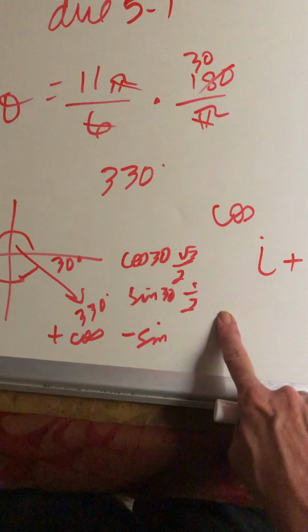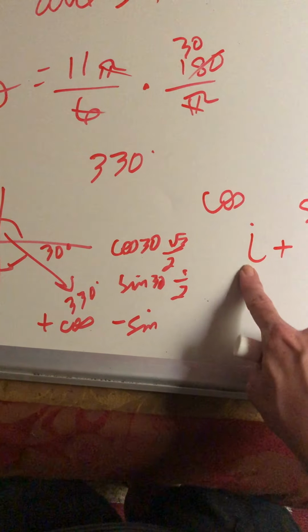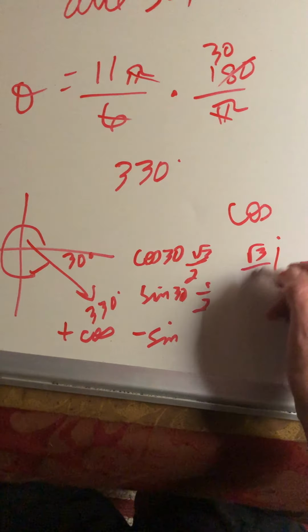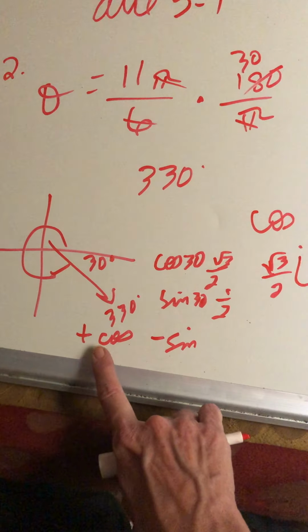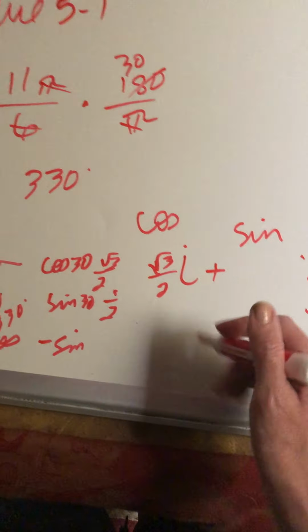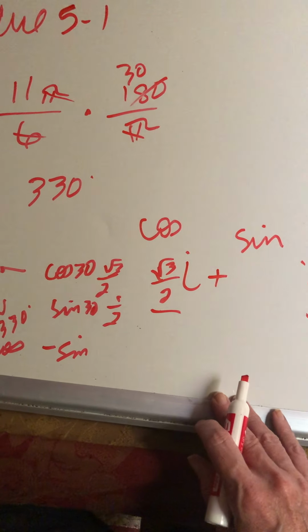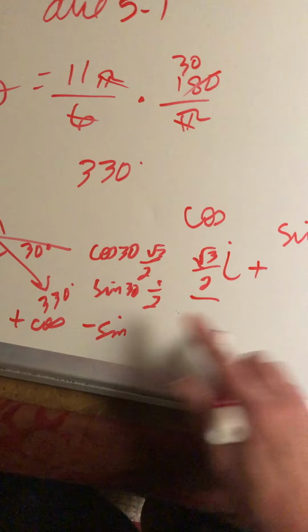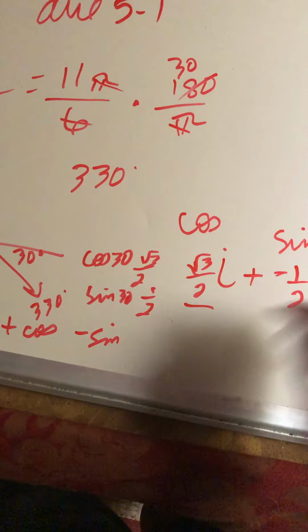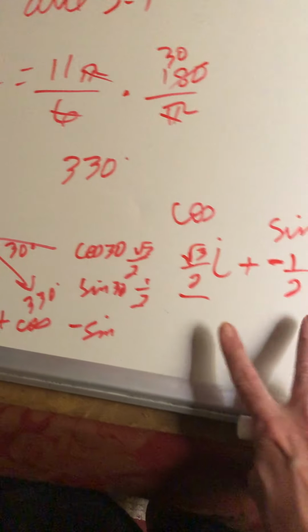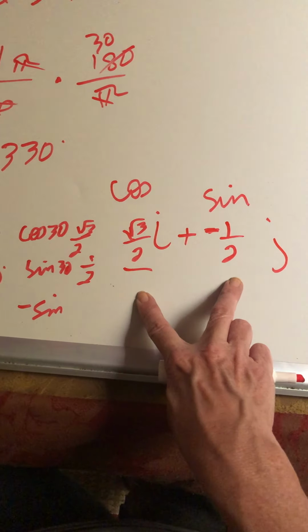Cosine goes first, so square root of 3 over 2. In the 4th quadrant cosine is positive, so I leave it, and that's what you put in front of the i. Then my sine in the 4th quadrant is 1/2, but it's negative because sine is negative in the 4th quadrant. So you've got that right there.